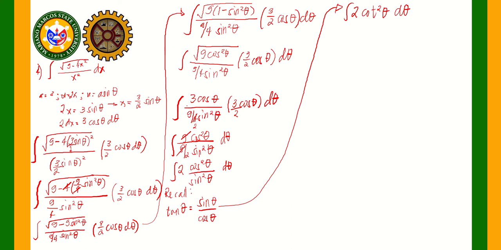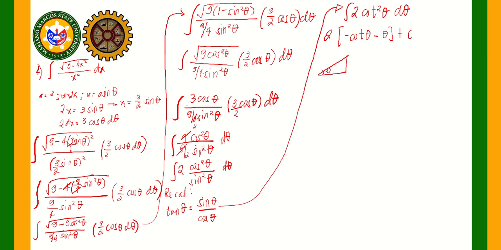Okay. So let's isolate the 2. So this will be equal to 2 times negative cotangent theta minus theta and then plus c. Not yet, actually. Let's do the triangle first. Pythagorean.